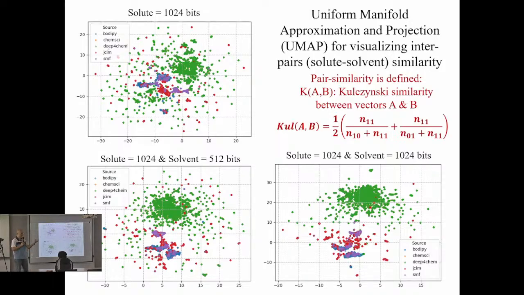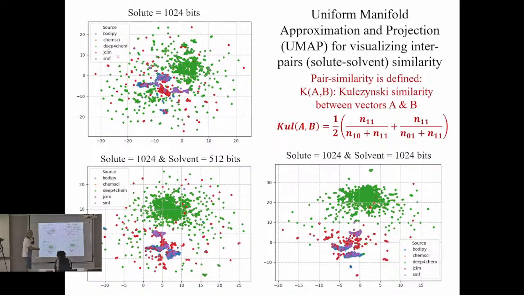They start gluing together, which means if you use 1024 bits plus 512 bits to represent a measurement, you cannot distinguish between the measurements because the data points stay together.